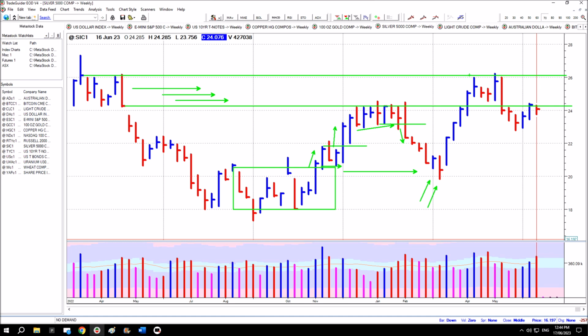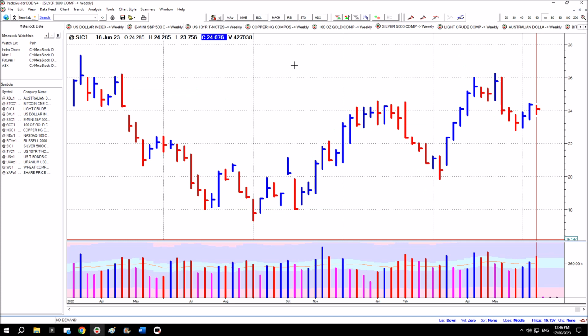Unlike gold, this market only moved up to the highs of the resistance zone before moving lower and finding some buying support just below, or in the shadow of, this range.